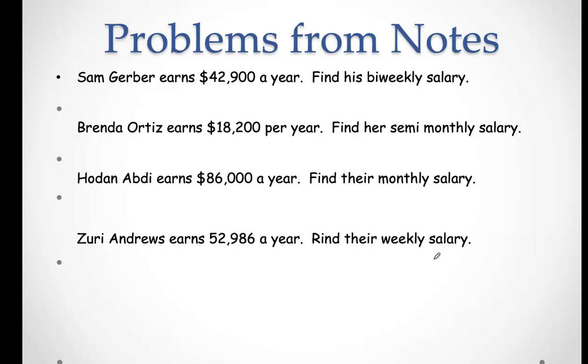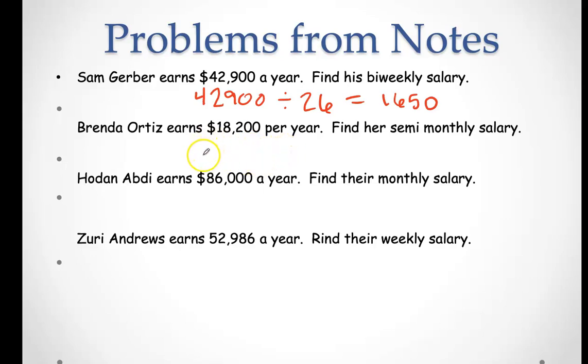Okay, so here's how you would do them so you can correct to see if you did them right. Sam earns $42,900 a year. Find his bi-weekly. Bi-weekly is 26. So I'm going to divide by 26. And I should have gotten 1,650. Brenda Ortez earns $18,200 per year.